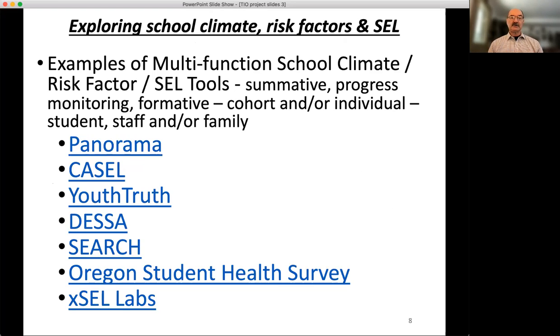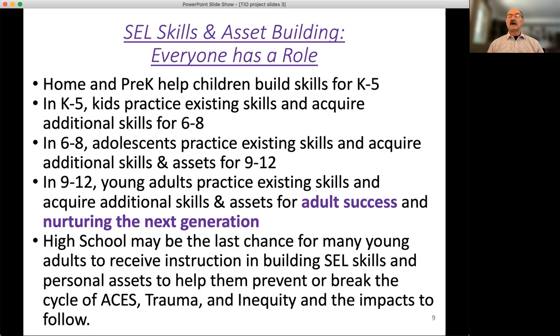And so you might need to choose carefully whether you want to measure CASEL skills or other skills and risk factors and school climate, and who you want to measure it with. Is it with the individual student? Is it with staff? Is it including the family? So there are lots of avenues to get information about kids' skills, because kids' skills are crucial and they're progressive.